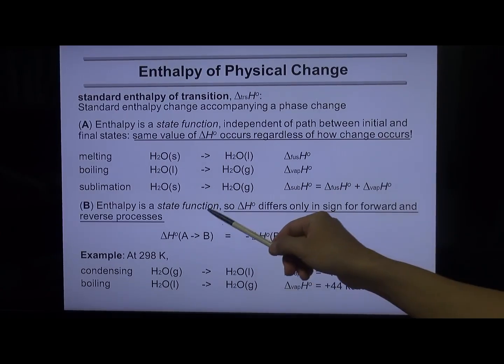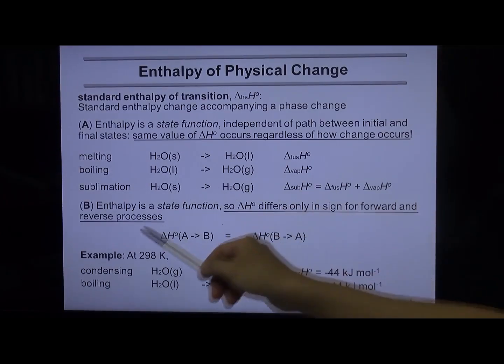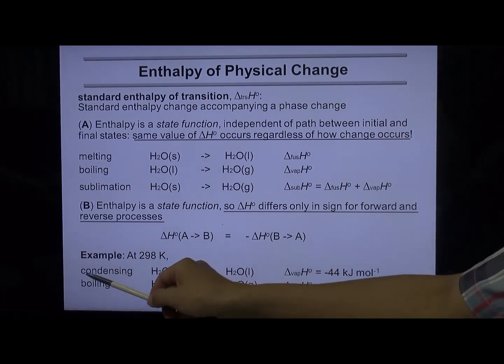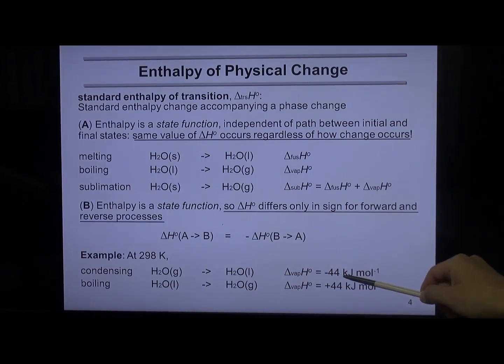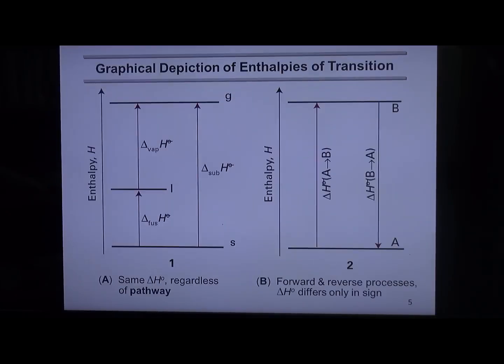Also, since it is a state function, delta H naught differs only in sign for forward and reverse processes. So if we have information about condensing from gas to liquid as minus 44 kilojoules per mole for water, the standard enthalpy change of boiling of water from liquid to gas would be the same number but with a different sign, which is well depicted in this diagram.